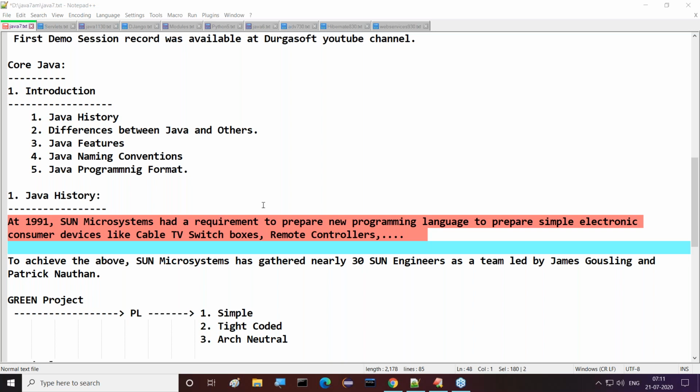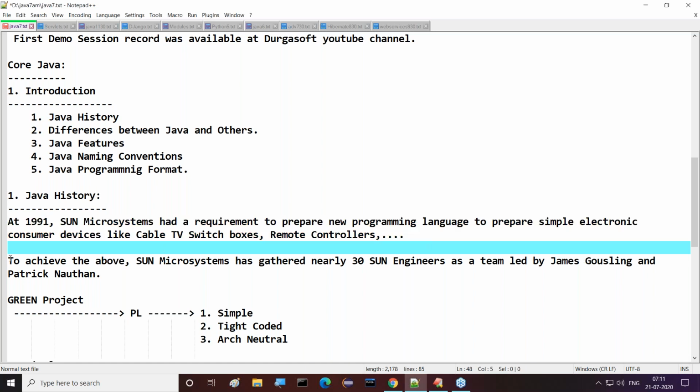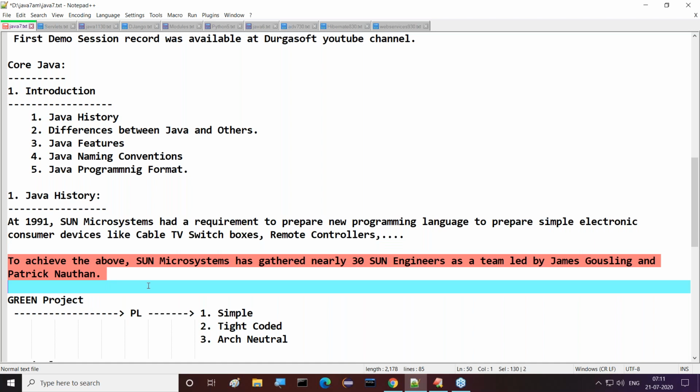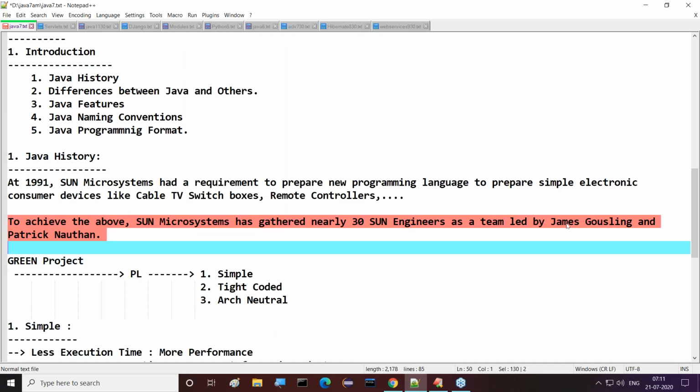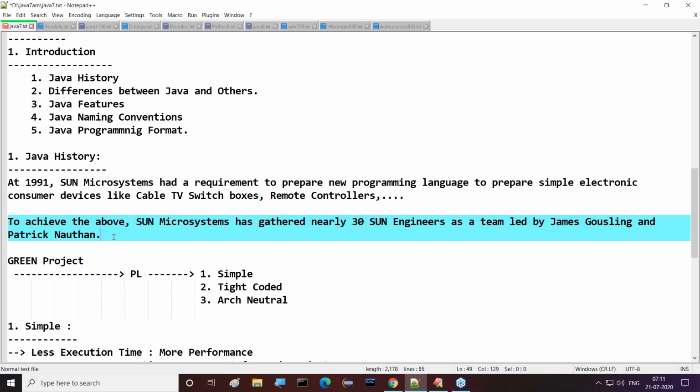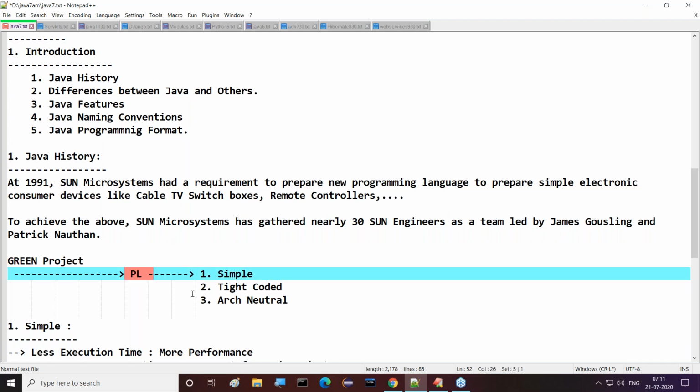For this particular reason only, Sun Microsystems wanted to prepare a new programming language. To prepare it, Sun Microsystems gathered a 30-member team, led by James Gosling and Patrick Naughton. This team started a separate project to prepare the new programming language.